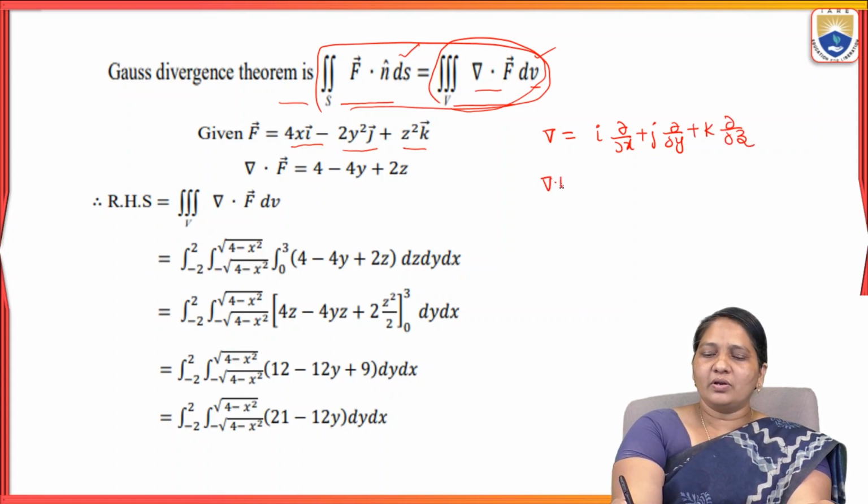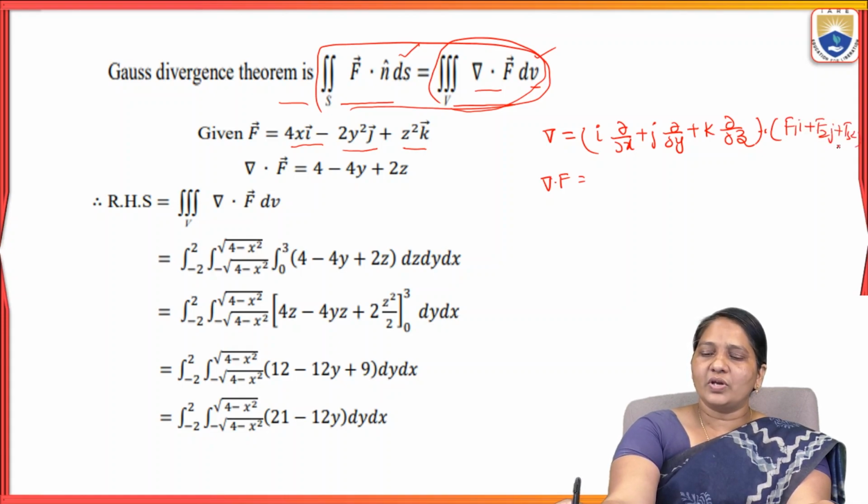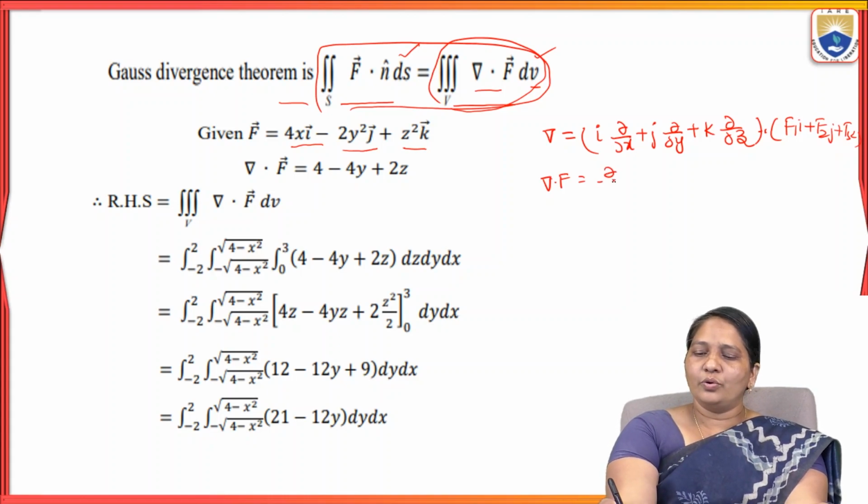If f is f1 i plus f2 j plus f3 k, then del dot f is dou by dou x of f1 plus dou by dou y of f2 plus dou by dou z of f3.